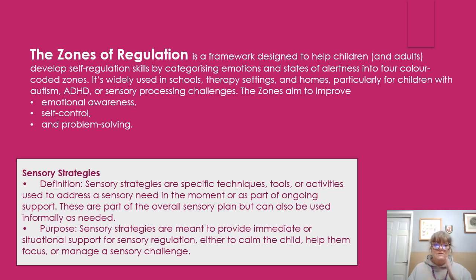So the difference between these sensory strategies and the sensory plan is that the sensory plan is a preventative measure. These are things that we do to help the young person feel regulated throughout the day. We've given them some proprioception. We've got them to chew something crunchy, so they're feeling regulated.